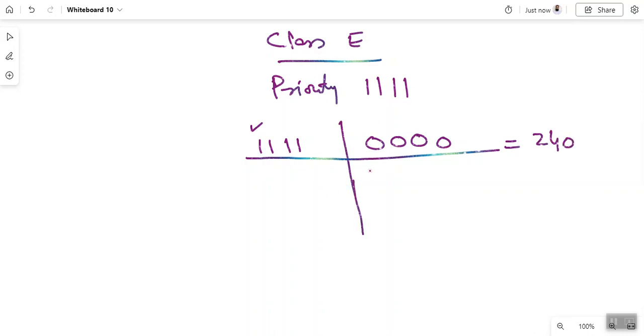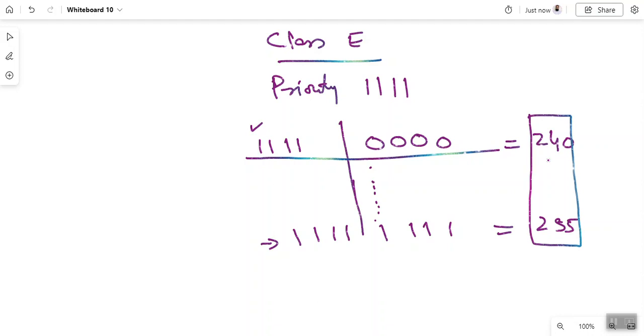And if all other bits are ones, these 4 priority bits will always be ones, so you have 255. So this is the range for class E.